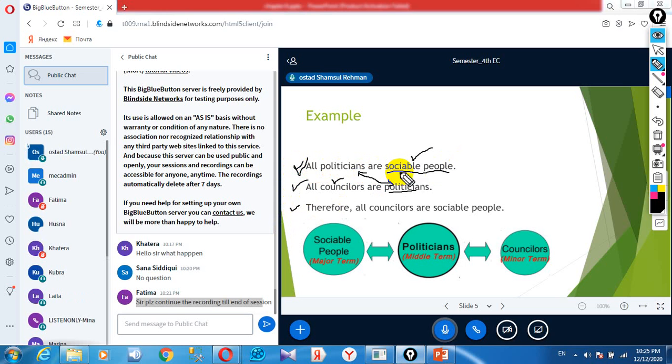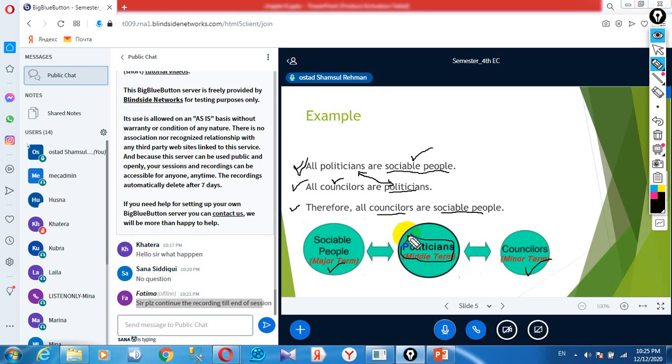All politicians are social people, all counselors are politicians, therefore all counselors are social people. Counselor is the minor term and social people is the major term. Politician is the middle term, so through politician we can draw the conclusion for both of them.